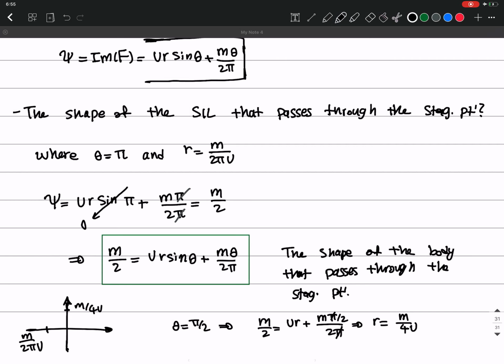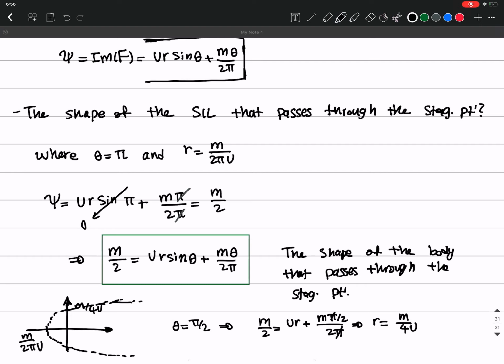So this gives us a general way. You can plot it by putting different thetas, and this will give you the shape of the stagnation streamline.